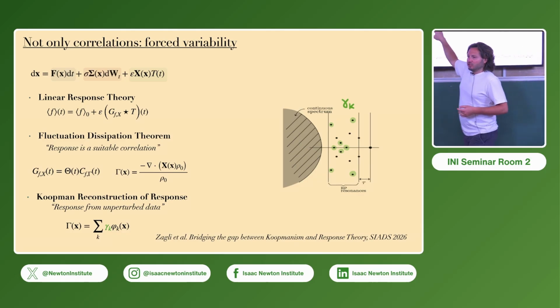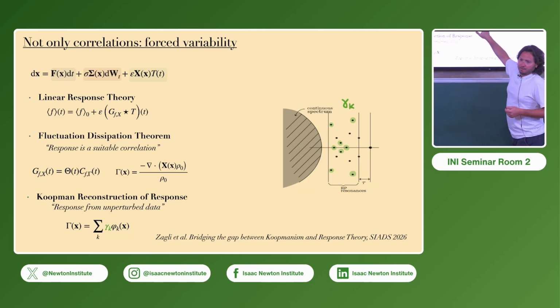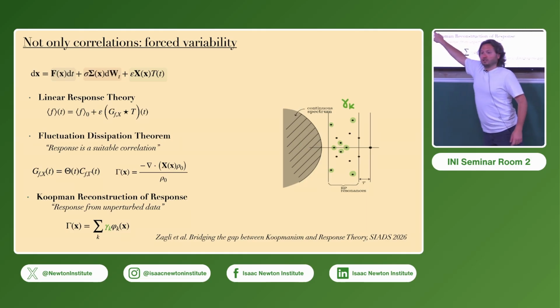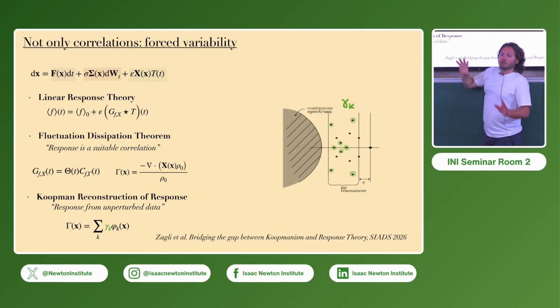And you can do all the machinery, there's lots of equations, but what you get is what we call the fluctuation dissipation theorem. It tells you that the response, so basically the Green's function, can be written as a suitable correlation function between two observables.